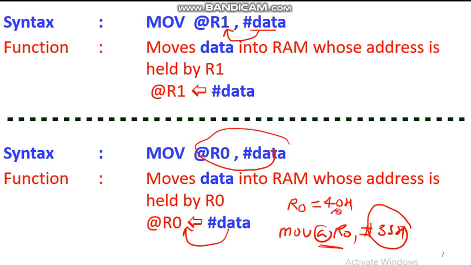In R0 we have 40, so this data is copied into location 40H. So we can change the content of a location using @R0 or @R1.